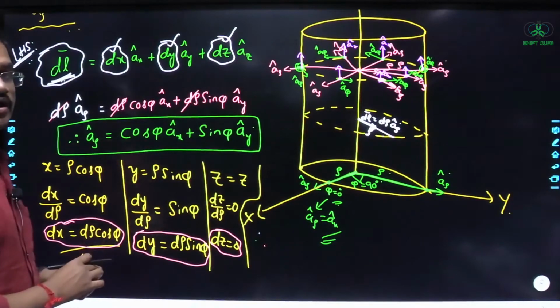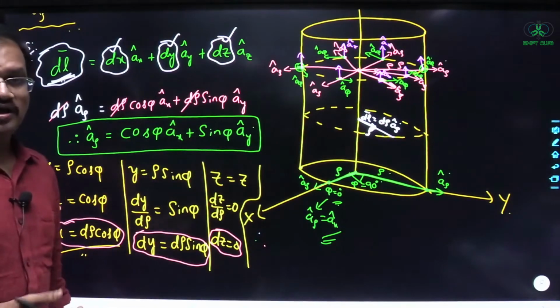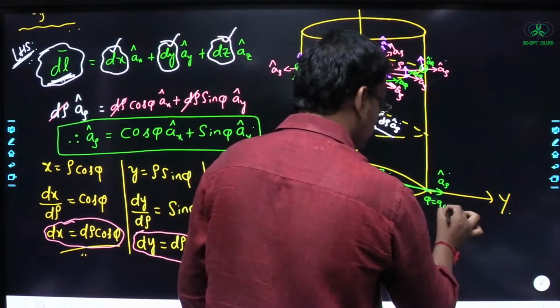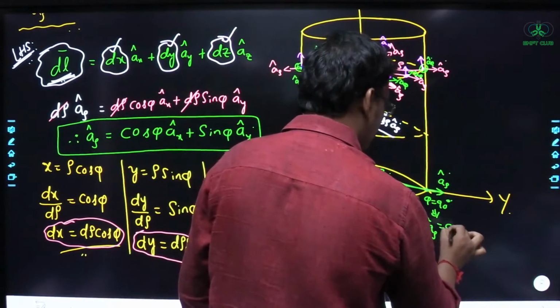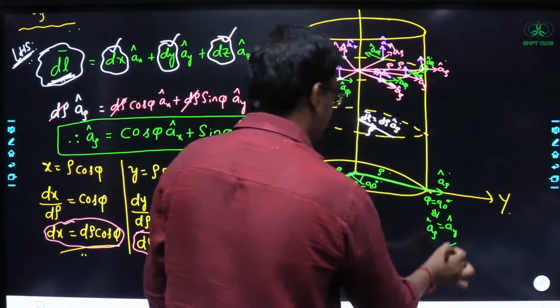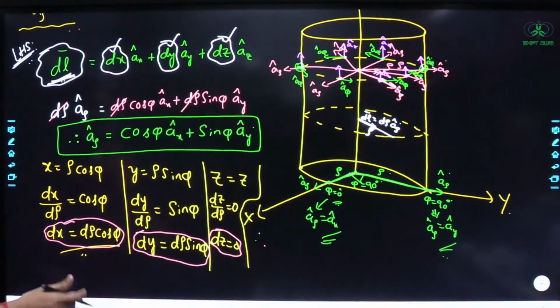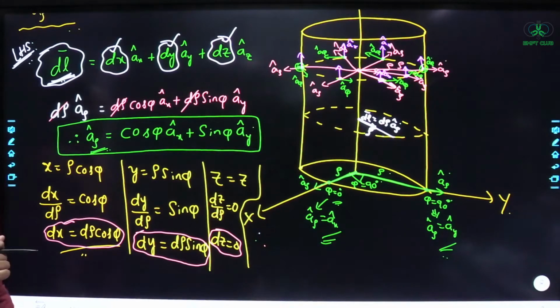Cos 90 will be 0, sin 90 will be 1. So a rho cap will be equivalent to ay cap. At this location, phi is equal to 90 degrees and a rho cap is equivalent to ay cap. Like that, at any point here, you are going to get the direction of a rho cap. So this is how we can determine a rho cap.